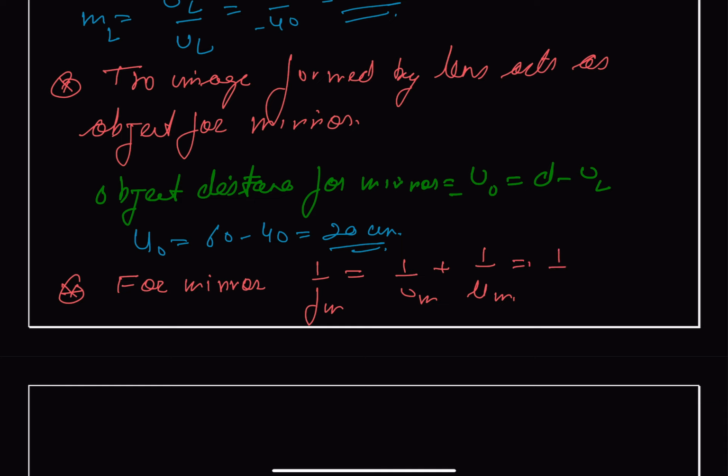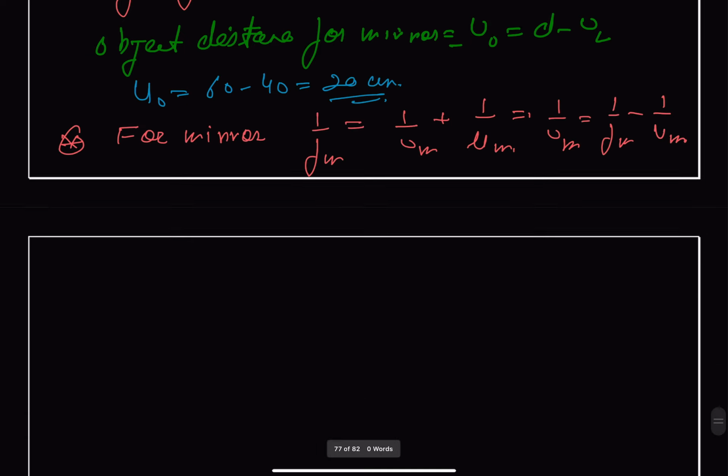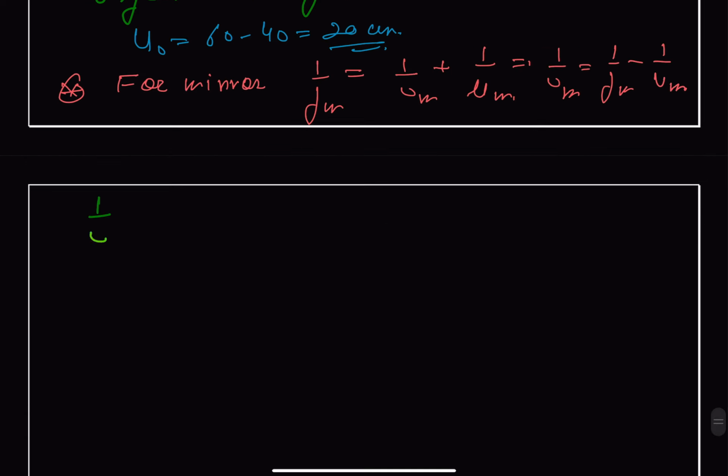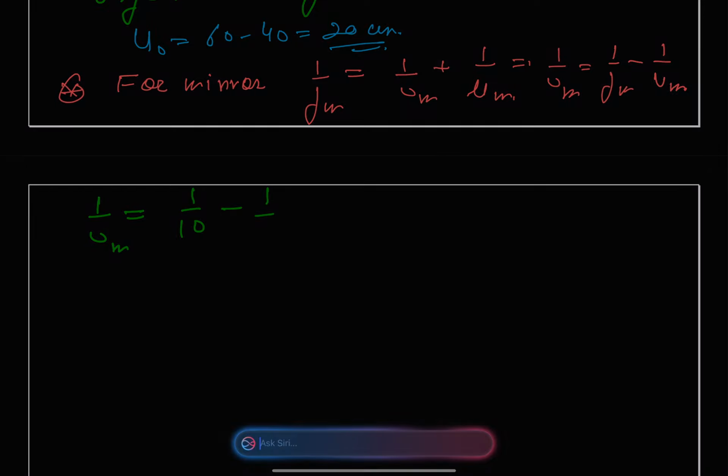So 1 upon Vm is equal to 1 upon Fm minus 1 upon Um. We substitute the values: 1 upon Vm is 1 upon 10 minus 1 upon 20.